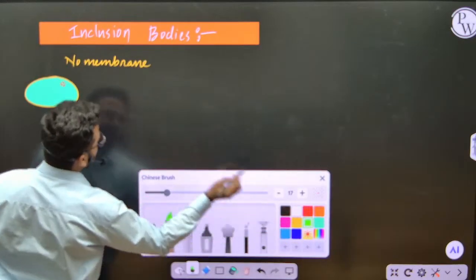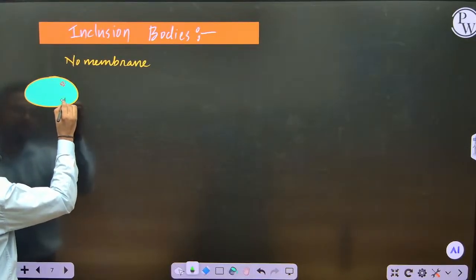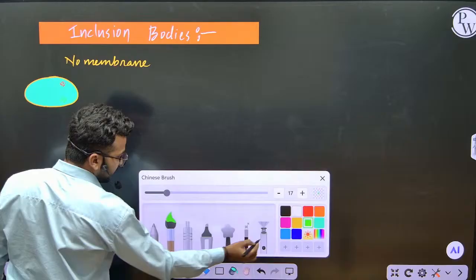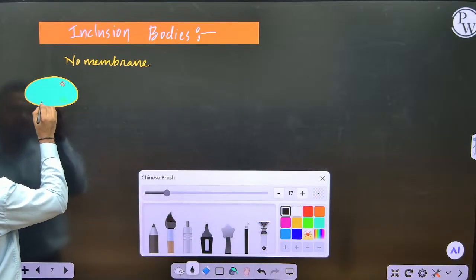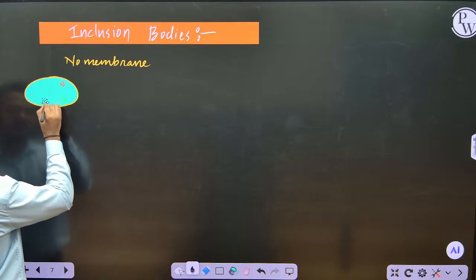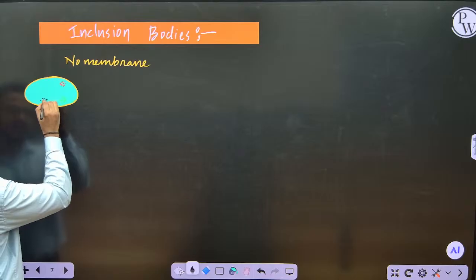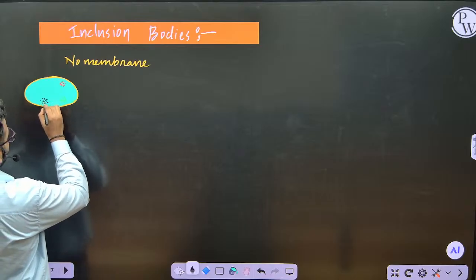So it is one here. Like this you will find many things attached there, making inclusion bodies of different compositions. There are different types you will be seeing here, the grouping of those kinds of molecules at one place.